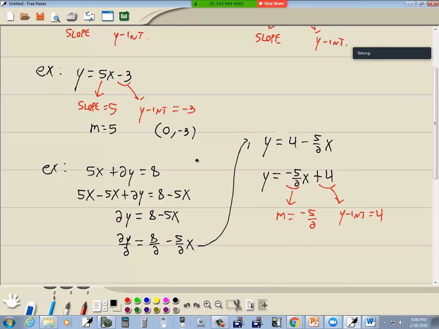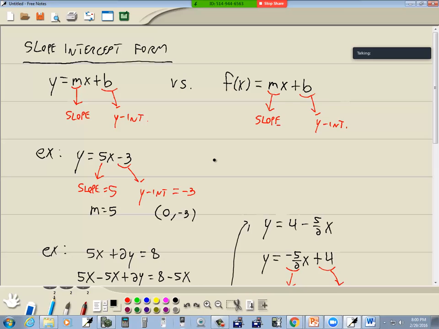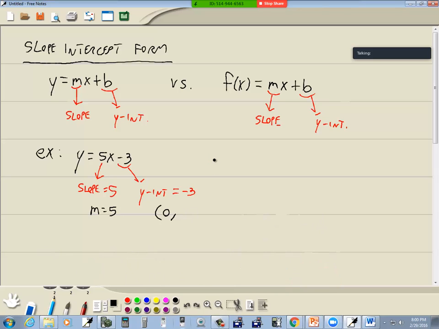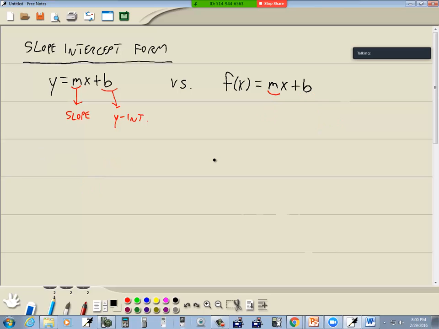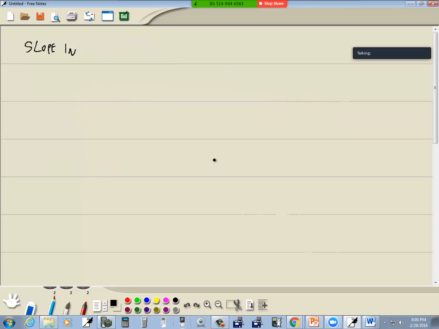Let me clear this off. And we want to graph the line given the following conditions.